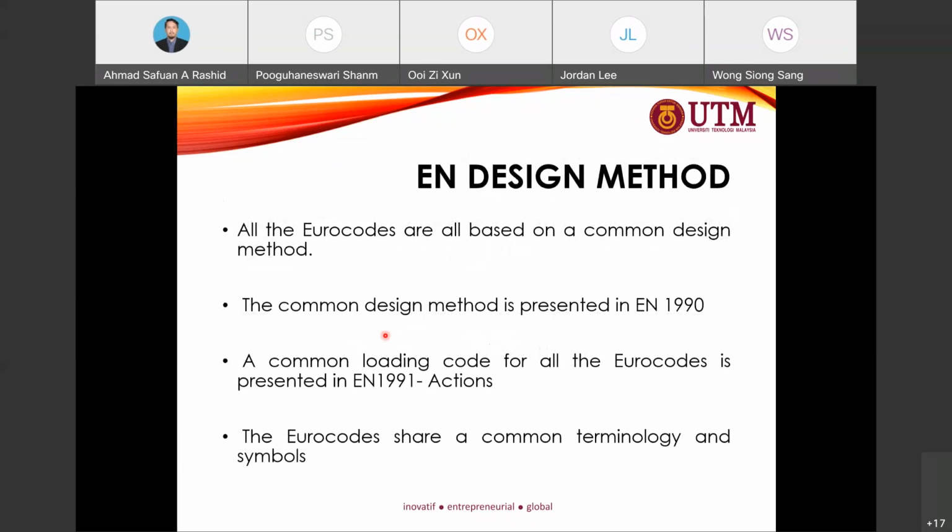The Eurocodes are all based on a common design method, which is presented in EN 1990. A common loading code for all of Europe is presented in EN 1991, which is EC1 actions. The Eurocodes share a common terminology and symbols.